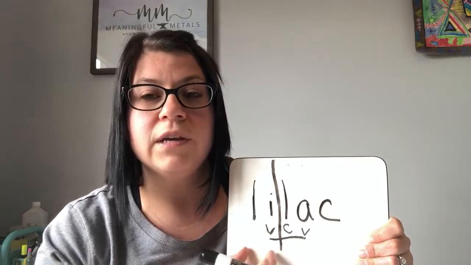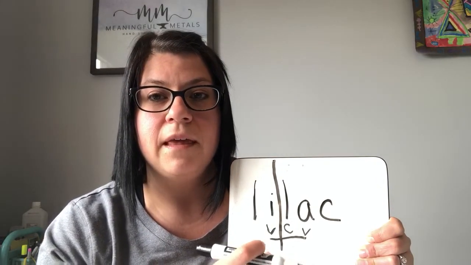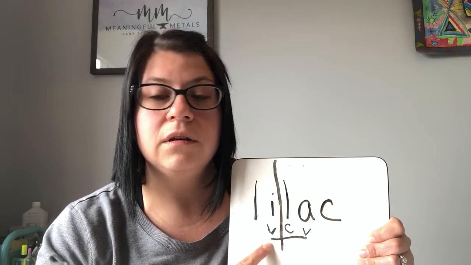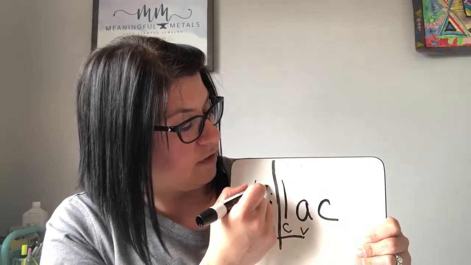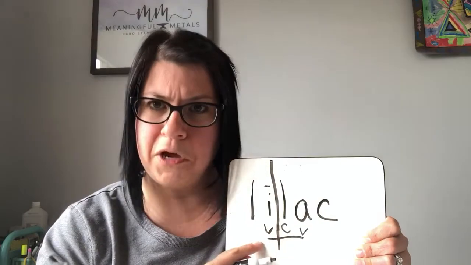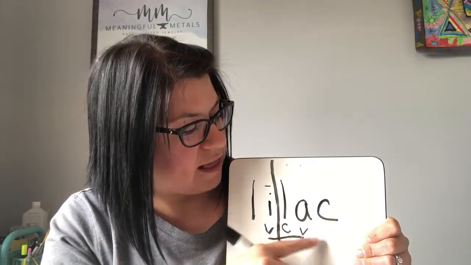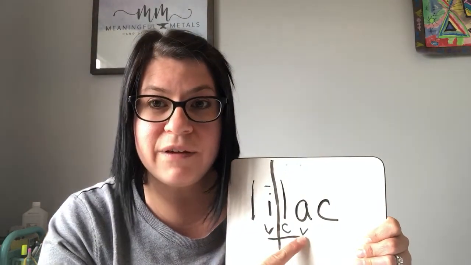So now we're looking at L-I. I is my vowel, and I don't have anything coming after that vowel in this syllable. It's wide open and it can say its name, I. We have lie. Second syllable, L-A-C. A is my vowel, and I do have a consonant after that vowel closing the door.